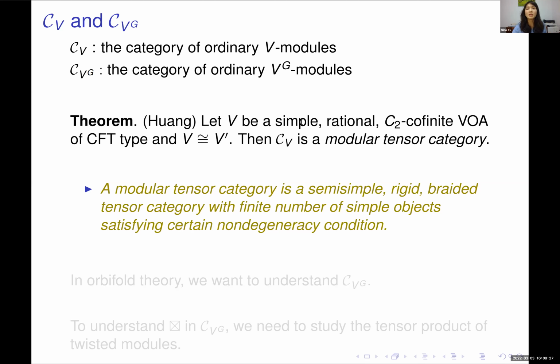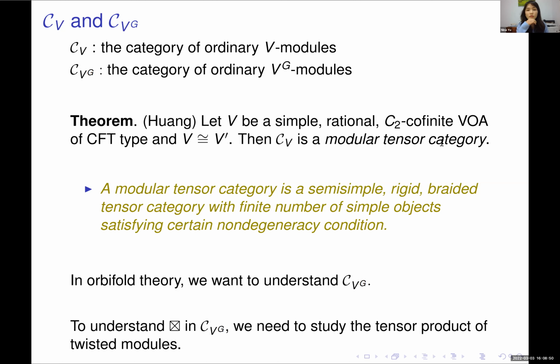And many familiar examples satisfy the conditions here. I think in many papers, those conditions together are called strongly rational. So you are going to see this sequence of conditions many times in this talk. And sometimes we will just say that the BOA is nice enough so that you can use all the properties here.